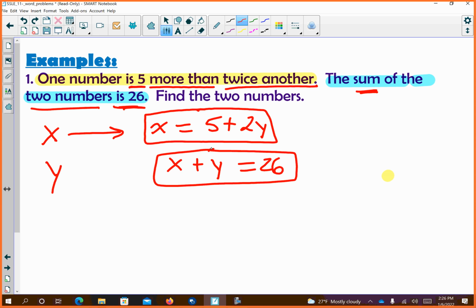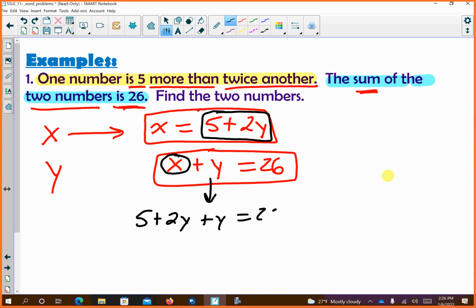What should I do to start solving this problem? I mean, we could go through the whole gamut of going, okay, 1 and 25, nope, 2 and 24, nope, 3 and, go through all the iterations that add up to 26. But that becomes kind of a goofy thing to do. So what should I do with this? Yeah, I'm going to plug it in right there. So I'm going to get 5 plus 2y plus this other y equals 26. If I add 2y and y together, how much do I get?